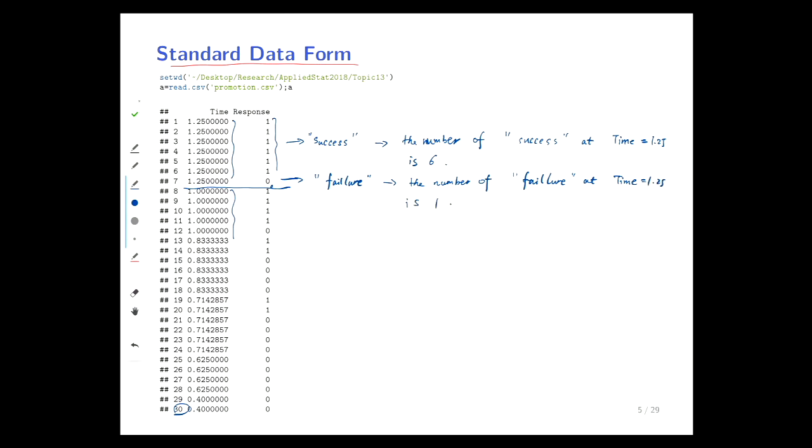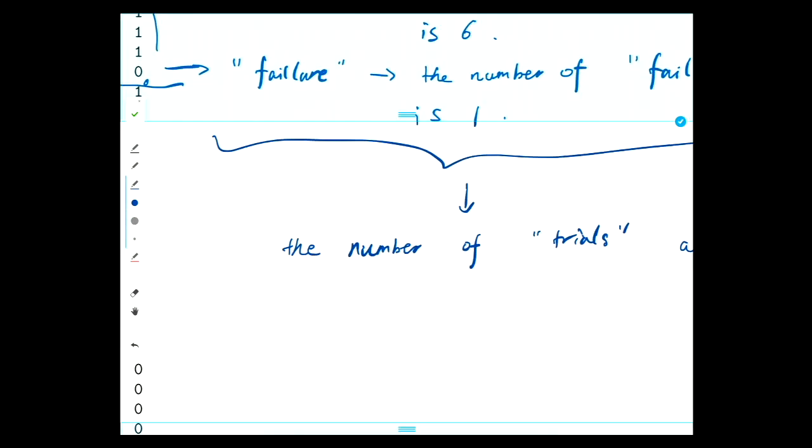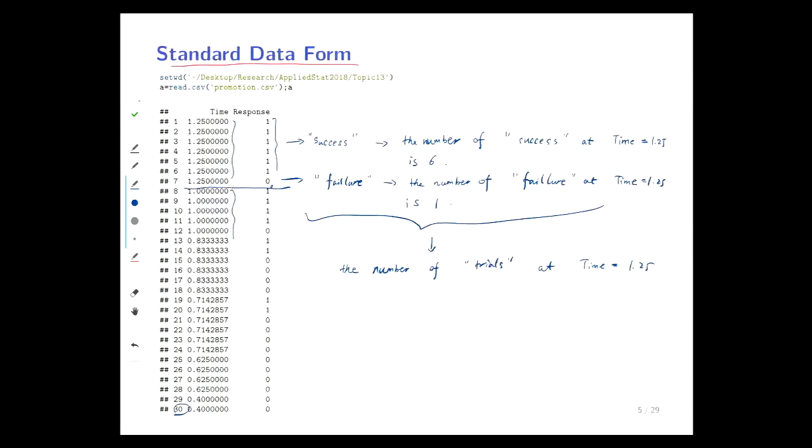And by using this, we can compute the number of trials. Remember, each customer corresponds to a trial. The number of trials at time equals 1.25 is 7, right?